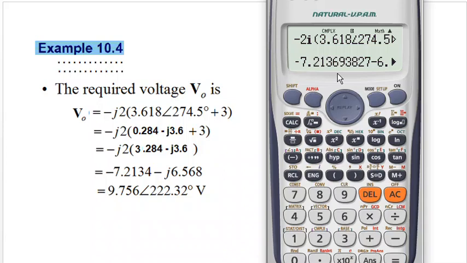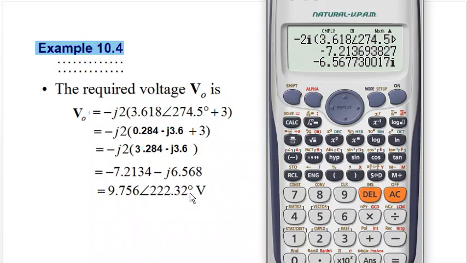So this is the answer, 7.213 minus J6.5. You can see from here minus J6.5. You can also see it more clearly by pressing SD. So this is the function that we have got.